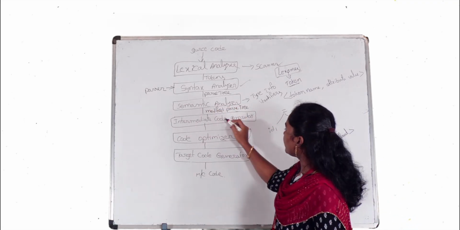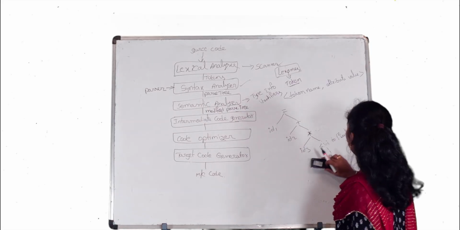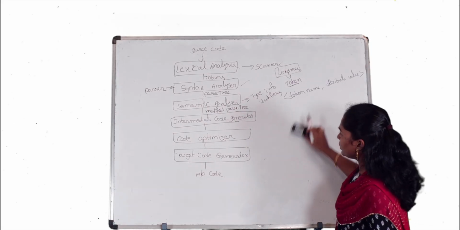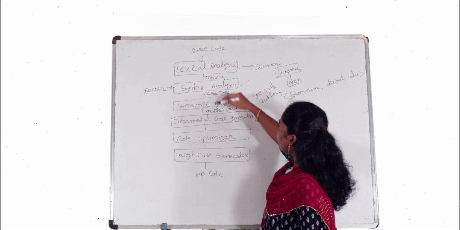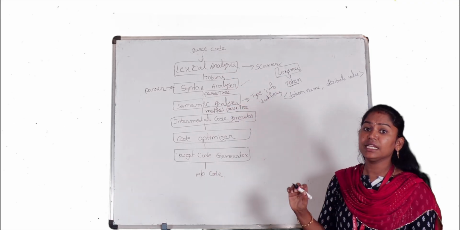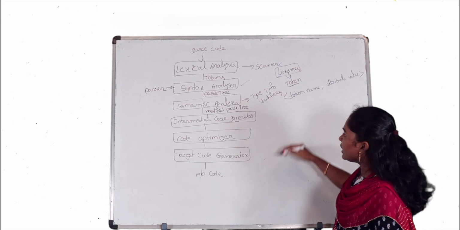Next one, intermediate code generator. It will take the modified parse tree as input and it will generate a linear representation. Till now we worked with the graphical, that is non-linear, representation.